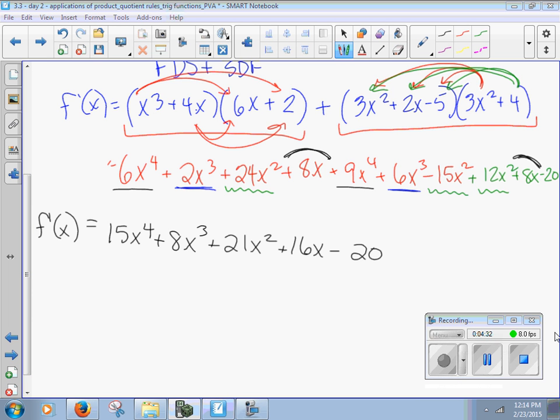It is a lot of work, this calculus. But what is that? That is just the derivative. That's f prime of x. What does the derivative stand for? That's the slope equation.